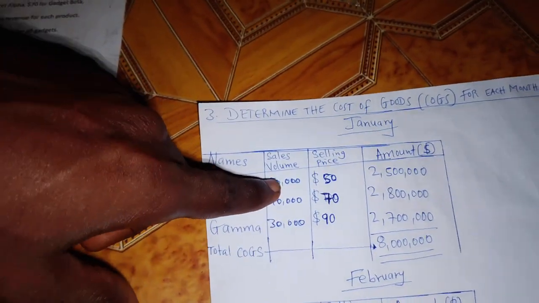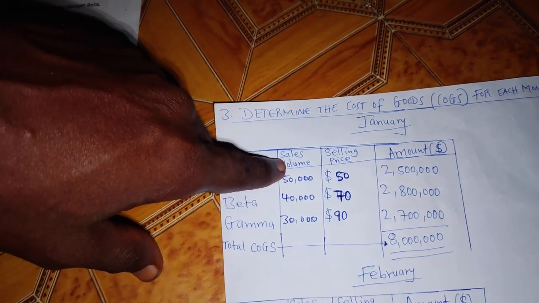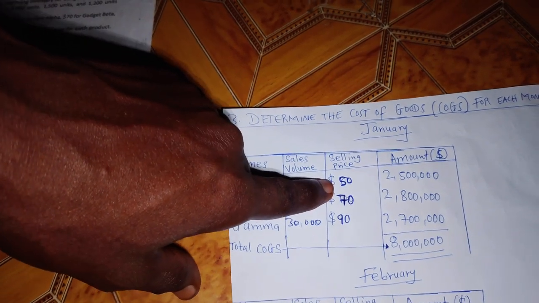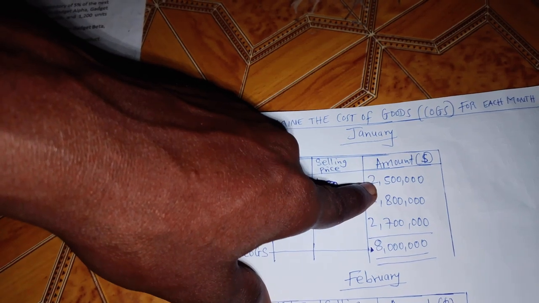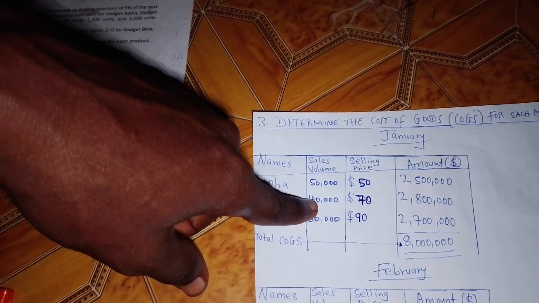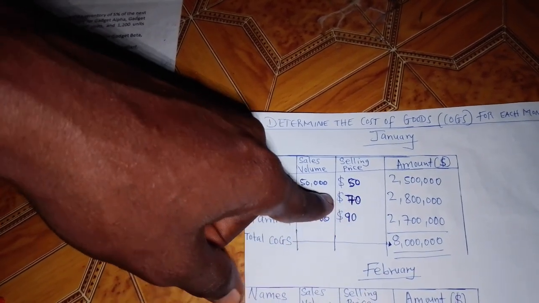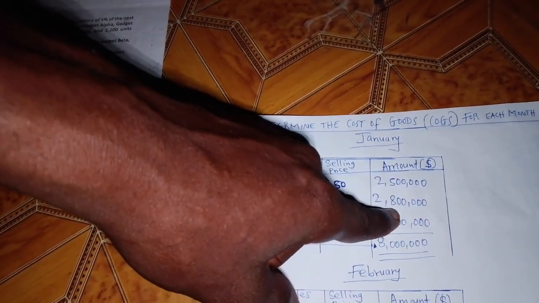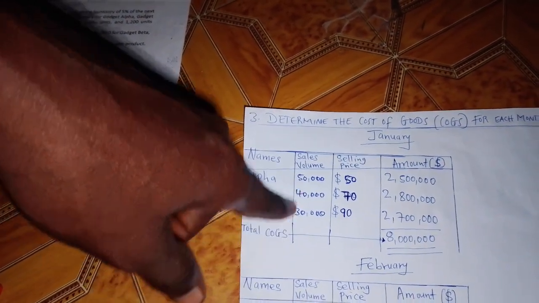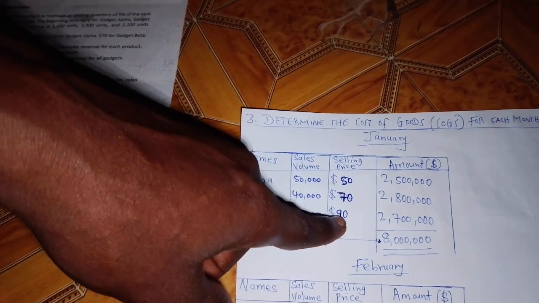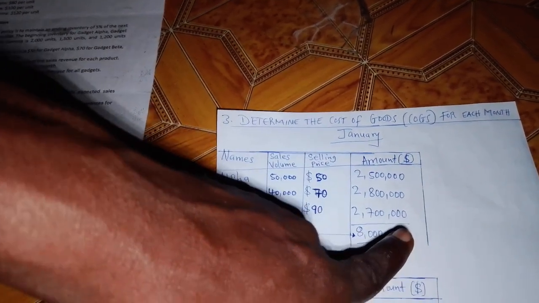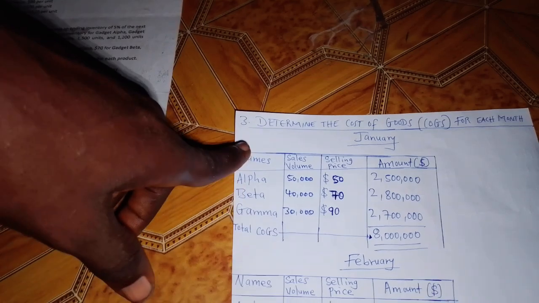Now, 50,000 sales volume multiplied by $50 gives us $2,500,000 for Alpha. 40,000 multiplied by $70 gives us $2,800,000 for Beta. Gamma: 30,000 multiplied by $90 gives us $2,700,000.